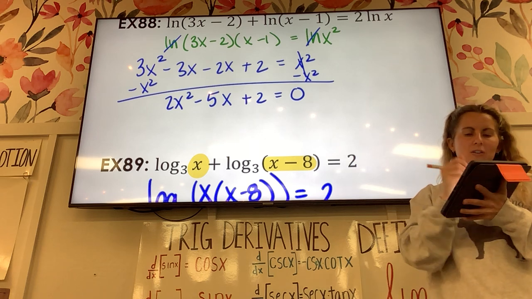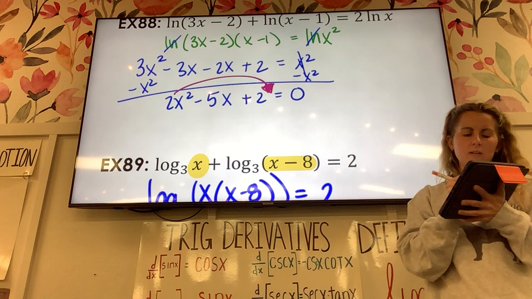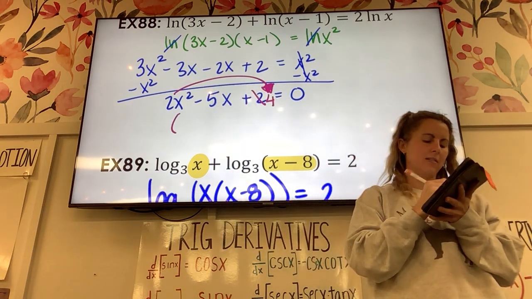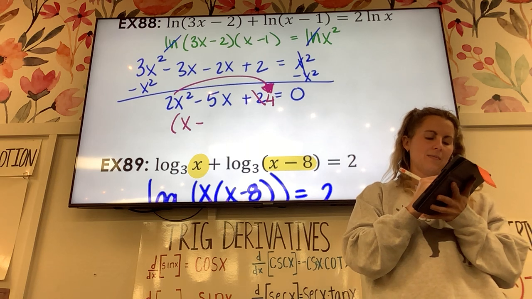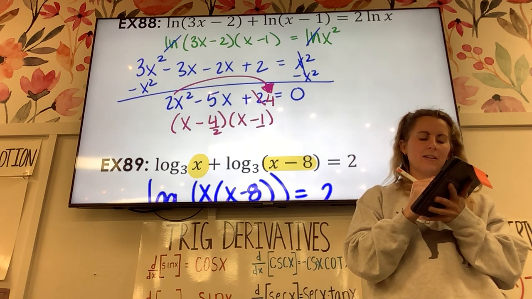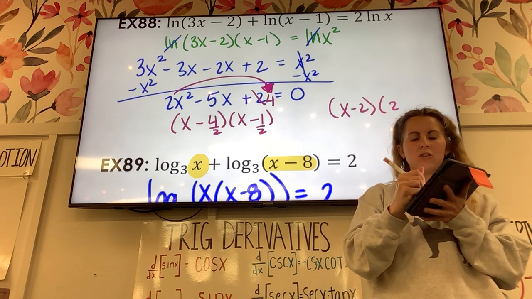All right, so 2 times 2 is 4. What multiplies to give you 4, but adds to give you -5? -1 and -4. Uh-huh. And we have to go back and divide by 2. So really, I'm going to get x minus 2 and 2x minus 1.